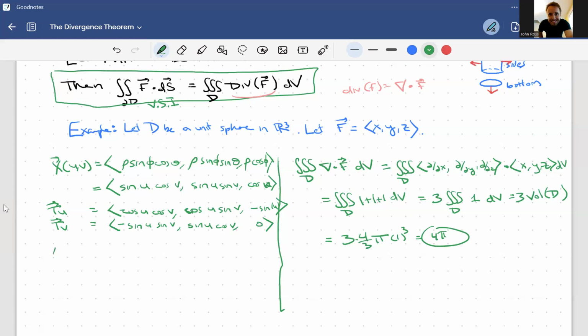And so then when we go to calculate this normal vector, this Tu cross Tv, let's take a look. For our first component, we'll get 0 minus a negative sine u times cos v. So that'll be sine squared u cos v.